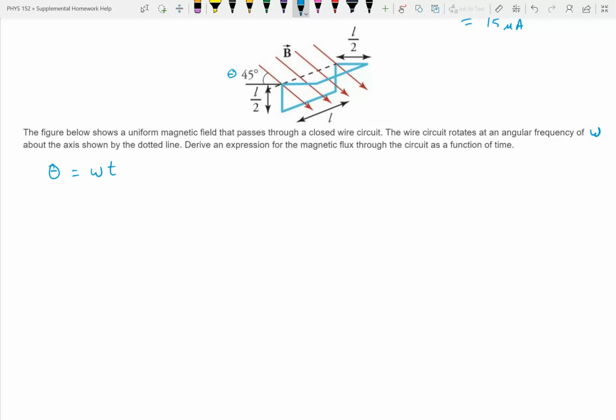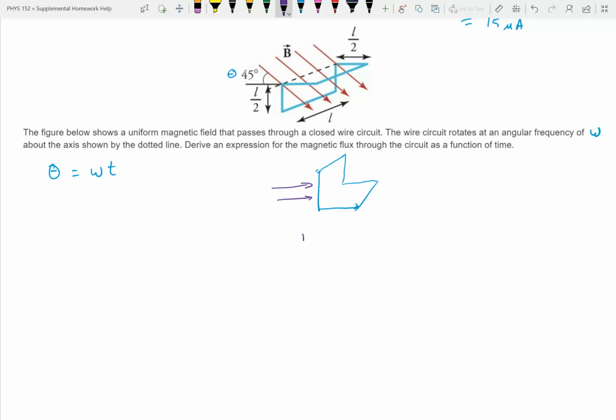Magnetic flux through the circuit. If you do the magnetic flux, let's just say that we align it in the simplest way possible. So we have it like this with the magnetic field going like this.